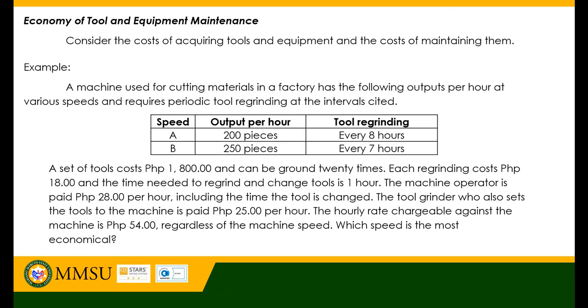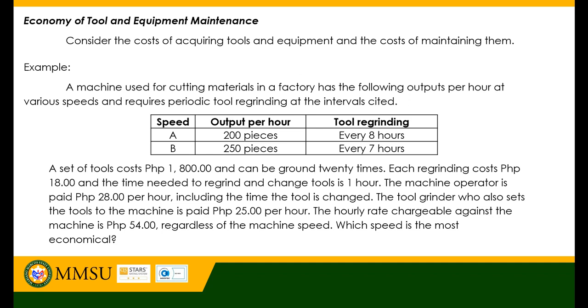The machine operator is paid 28 pesos per hour, including the time the tool is changed. So, nag-plus 1 tayo doon. The tool grinder who also sets the tools to the machine is paid 25 pesos per hour. The hourly rate chargeable against the machine is 54 pesos. So, may hourly rate tayo charge to the machine, regardless of the machine speed.